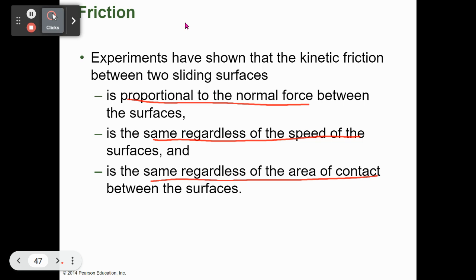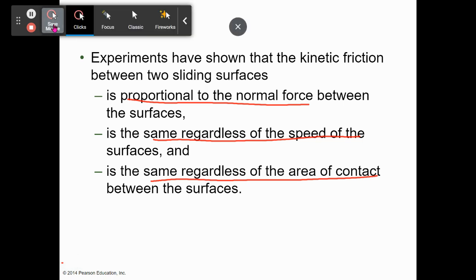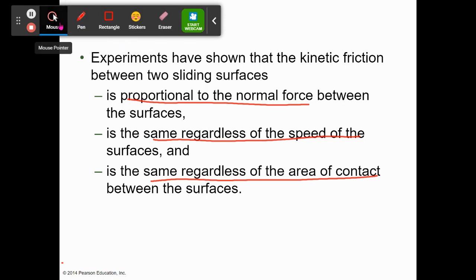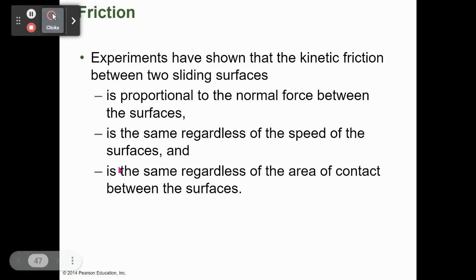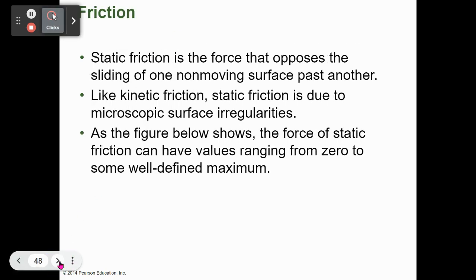Okay, everybody got those three down almost? All right, I believe that is it. We will talk about static friction in a minute.